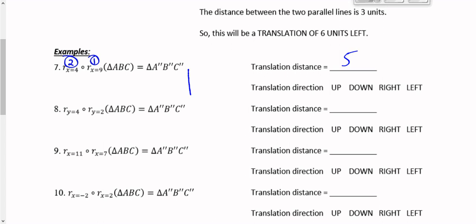Always make just a nice rough little sketch here, right? Here's x equals 9, and then x equals 4, like here, right? So if we reflected 9 first, and then in 4, we expect it to go left. Even if we started on the other side, right? I showed you that in the other one, okay? And how far left will it go? 10. This is twice the distance between the lines.